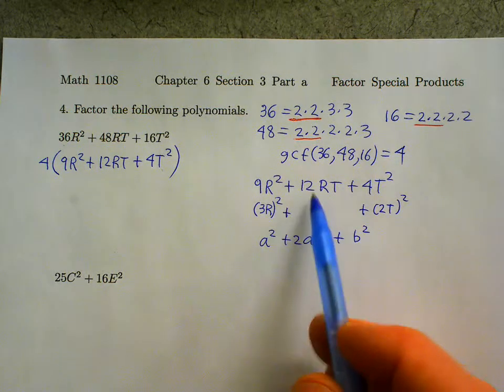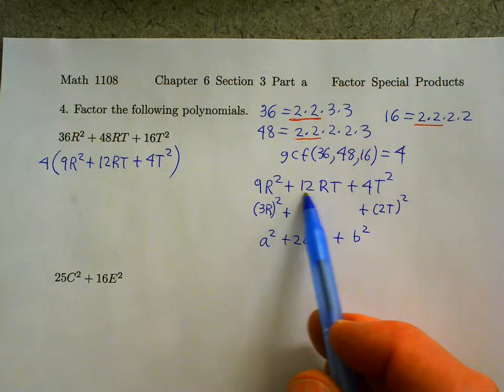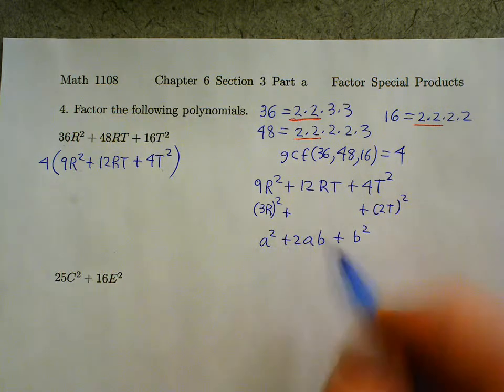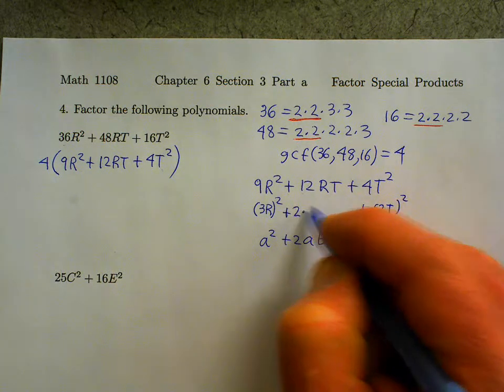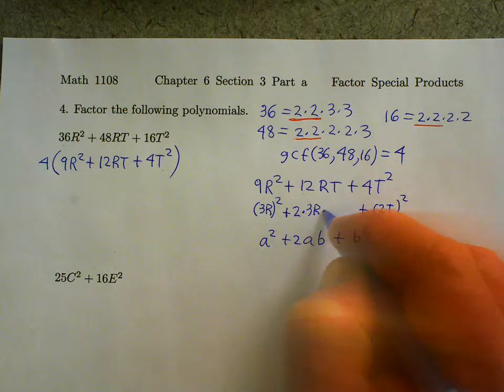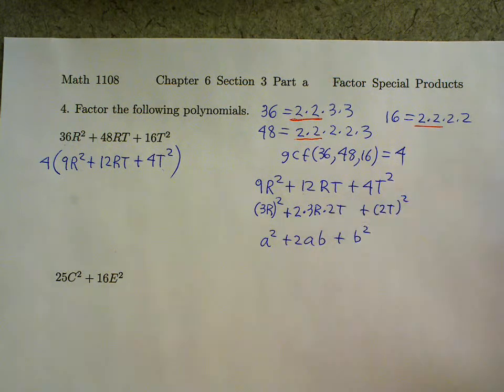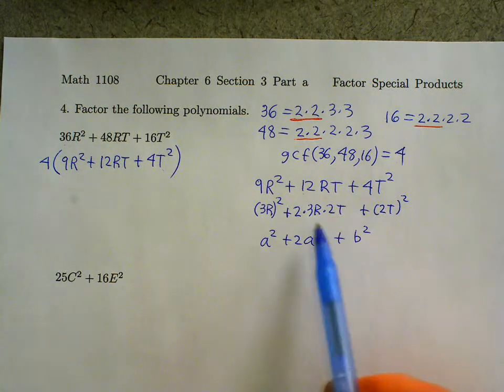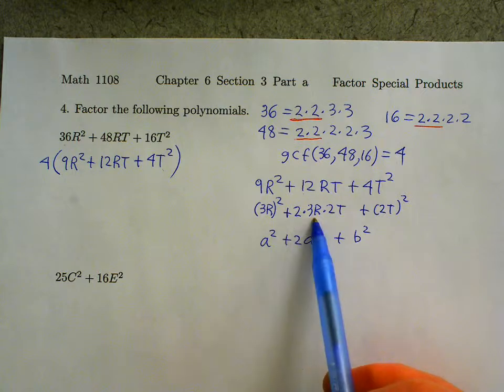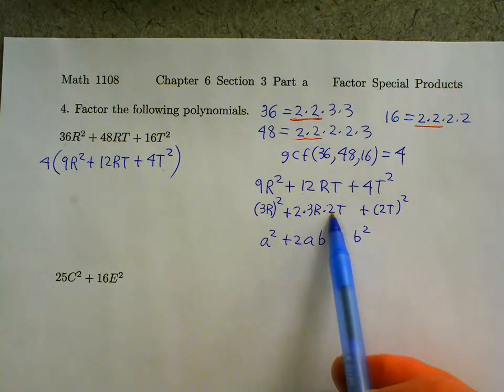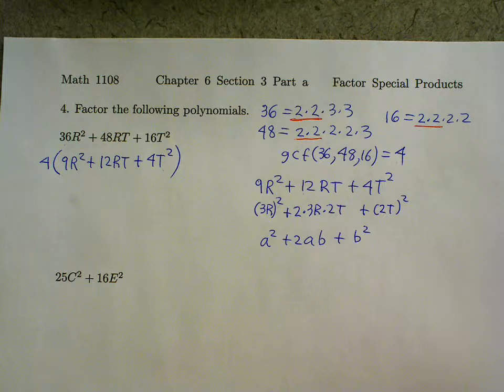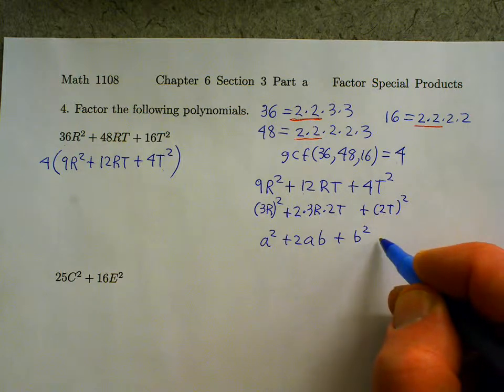So we want to see if the middle term plus 12rt has the form plus 2 times 3r times 2t. And sure enough, 2 times 3r is 6r, and 6r times 2t is 12rt. So it is a perfect square trinomial.